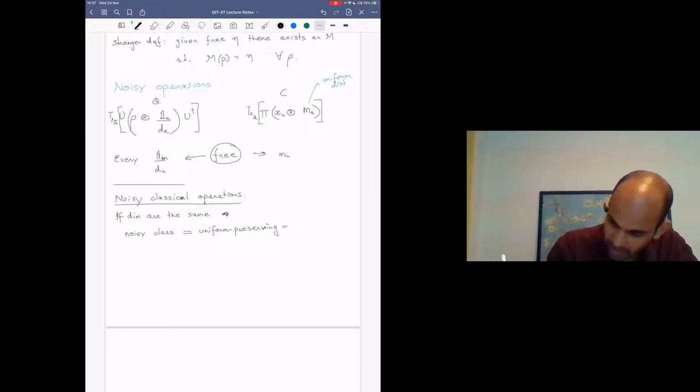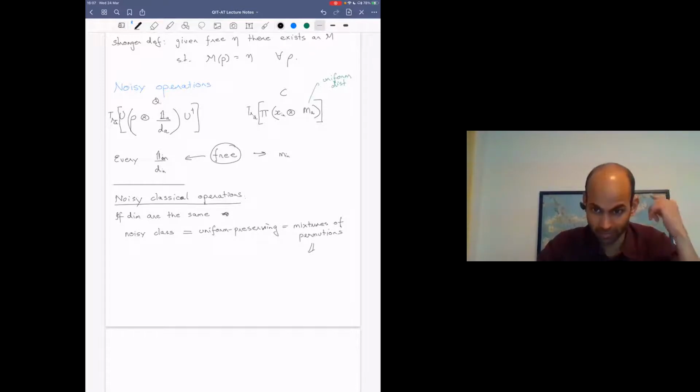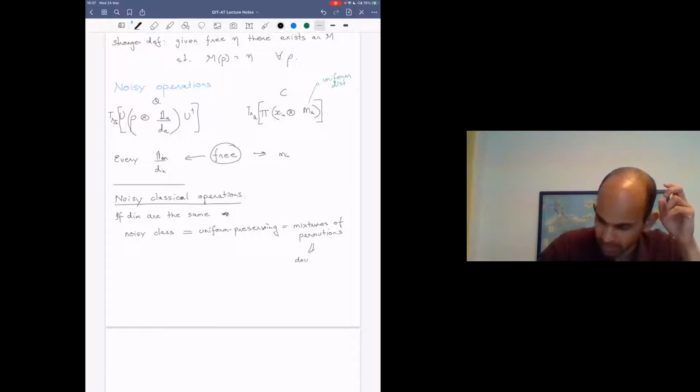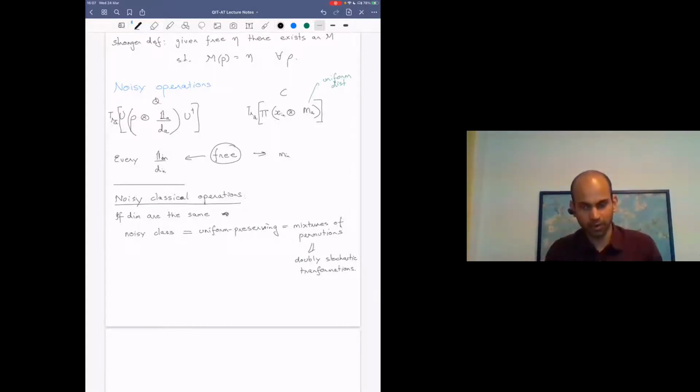Noisy classical operations are the same as uniform preserving operations, which are the same as mixtures of permutations. And these mixtures of permutations, as we discussed when we first discussed majorization, Birkhoff's theorem, a mixture of permutations is the same as doubly stochastic transformations. So every one of these sets of operations that we can do are actually exactly the same.